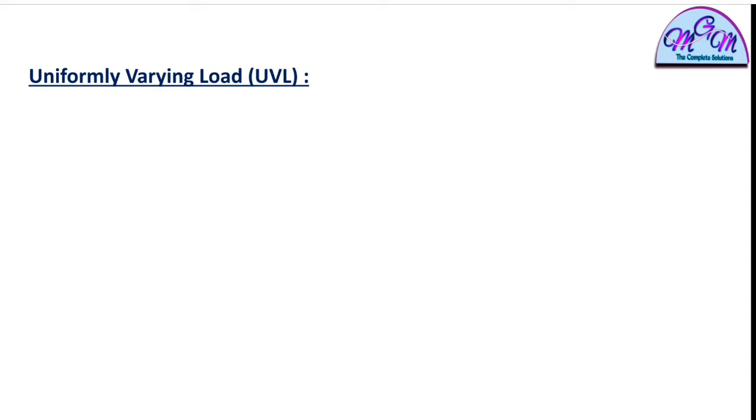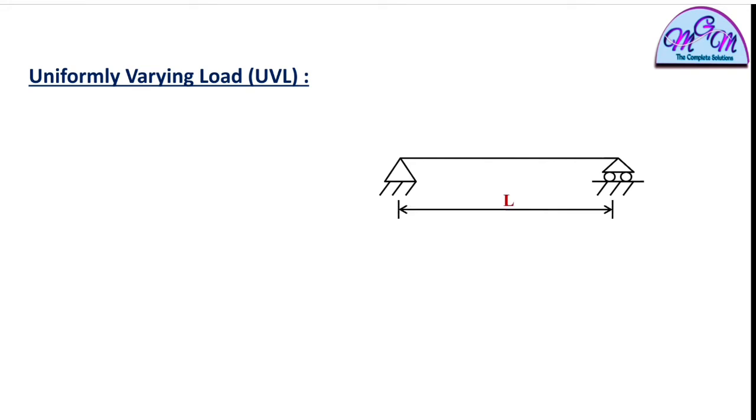Now come to the uniformly varying load. Uniformly varying load can be represented like this. If a load is gradually increasing or uniformly varying from 0 to a maximum height, then this type of load is called the uniformly varying load.